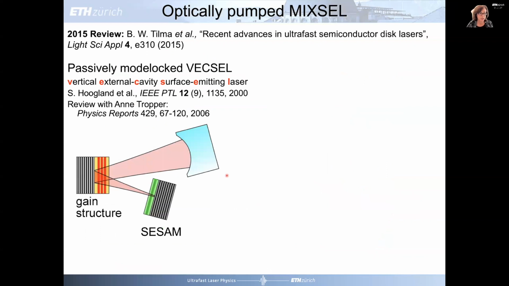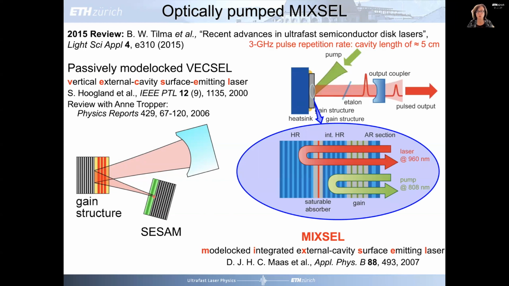Now, with this passively mode-locked VECSEL, we have a gain material based on semiconductor and a saturable absorber based on semiconductor, so we can integrate the whole thing into one single wafer, which we then call the MIXSEL, the mode-locked integrated external cavity surface emitting laser, following the VECSEL-type acronym. Here the MIXSEL chip contains both the gain and the saturable absorber.